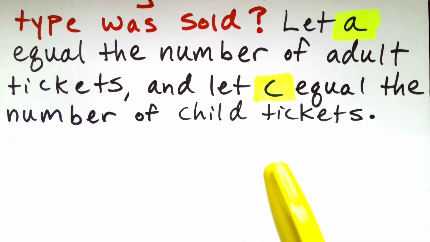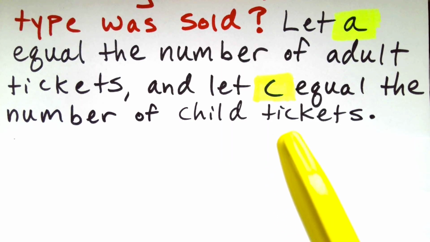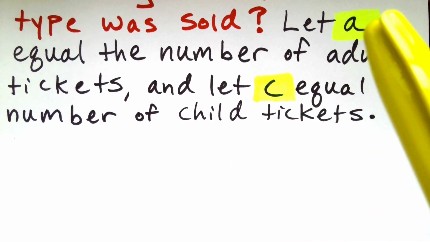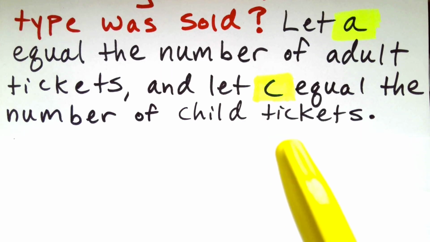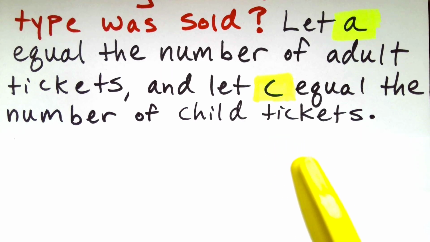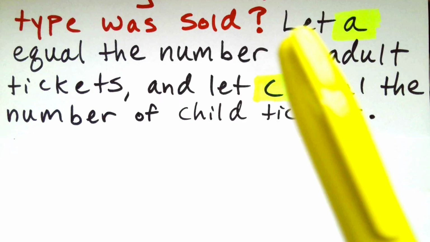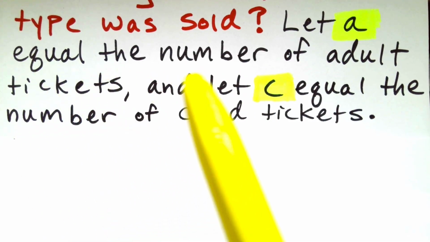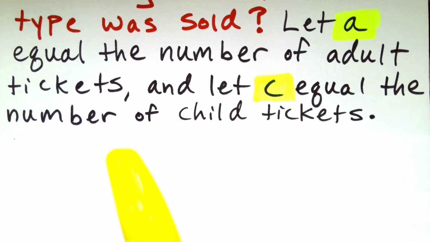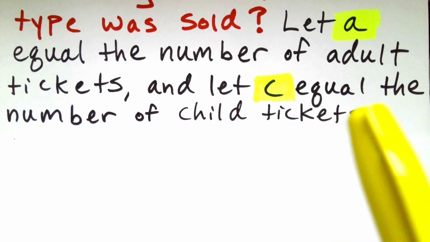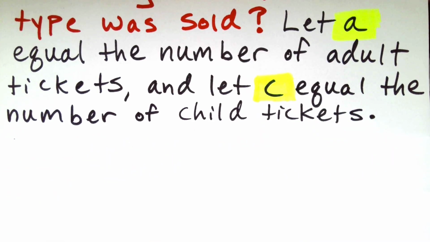We just don't know what that number is, but we will find that number later on in these videos. So let the A variable equal the number of adult tickets, and let the C variable equal the number of child tickets.